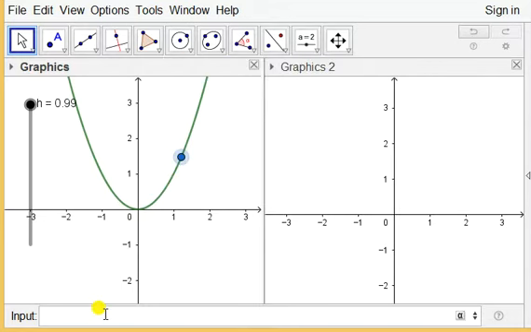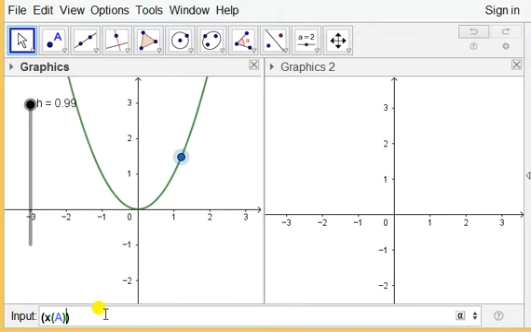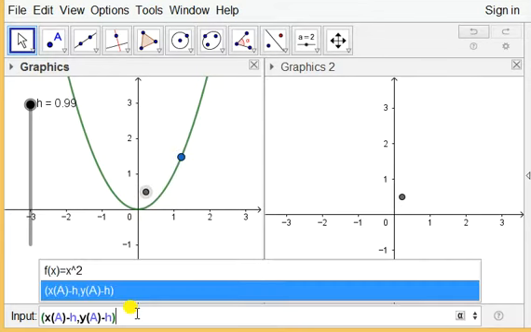So that point is going to be the x coordinate of A minus h, and the y coordinate is the y coordinate of A minus h. Can you see that? We produce this one. So hit enter and do the same way.